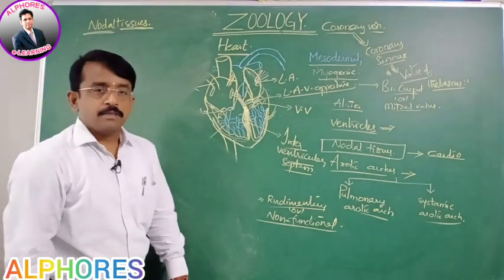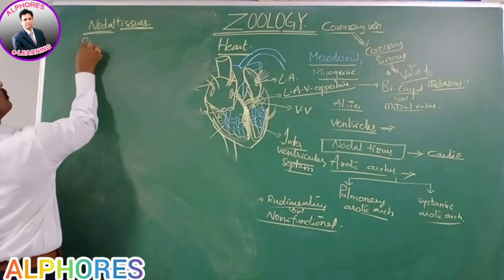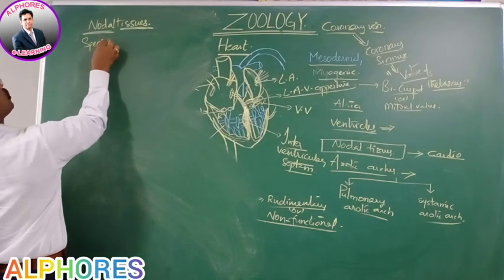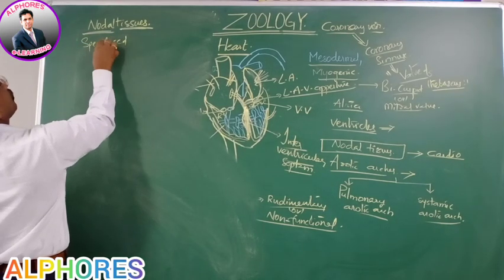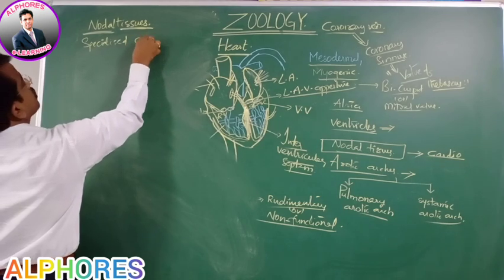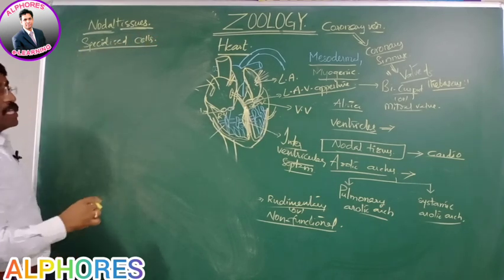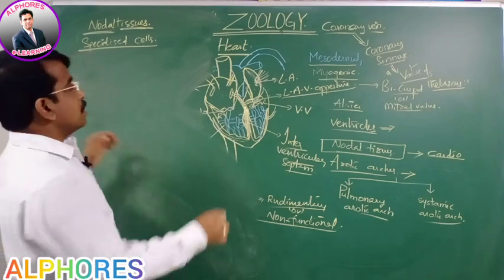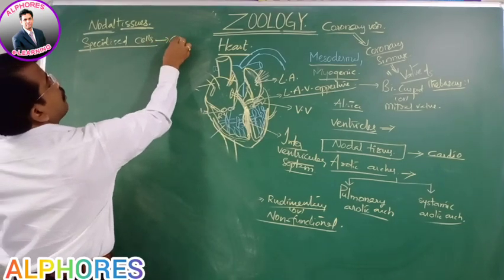That is, there are specialized cells present in the heart of human beings, named cardiomyocytes.